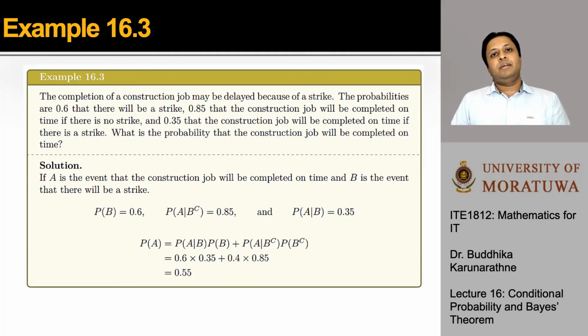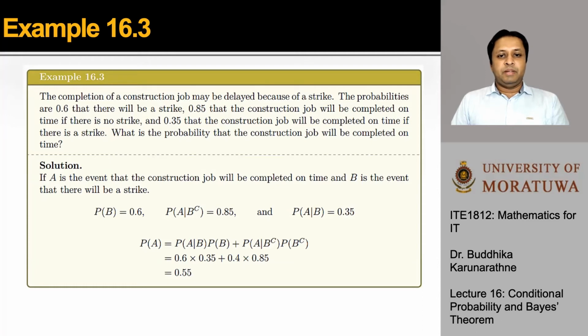Right, so let's see how we approach this. We define event A as the construction job will be completed on time, and B is the event that there will be a strike. So in this case, P(B) we know that it is 0.6, which is given. And we can write P(A given B complement).